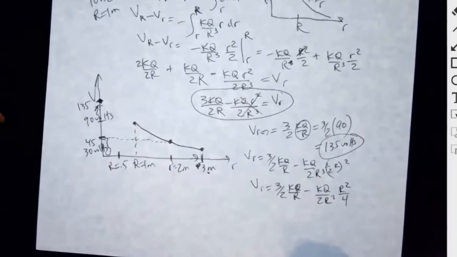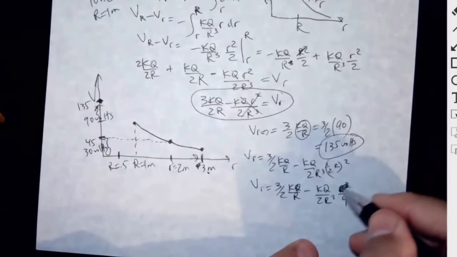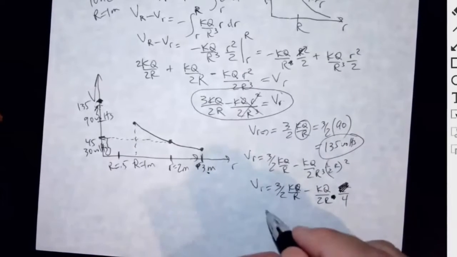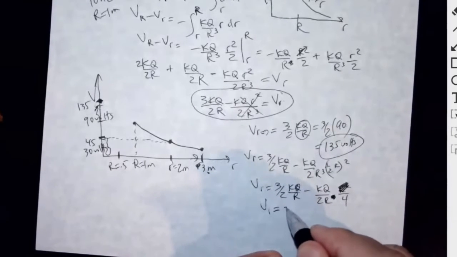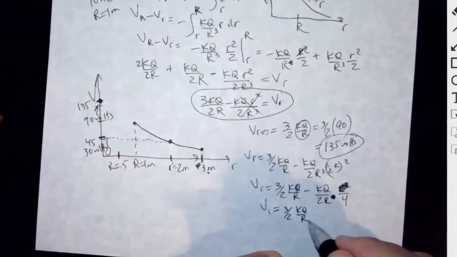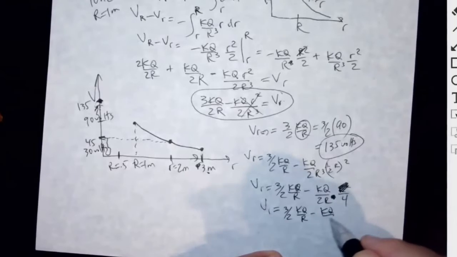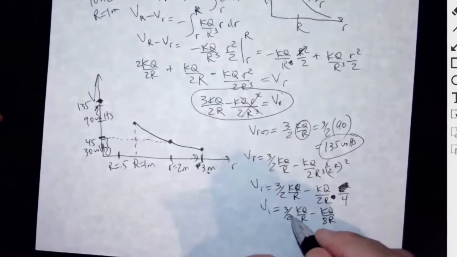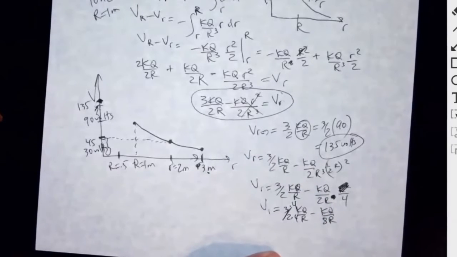Okay, so then the R squared cancels this guy. Then you have 3/2 kq over R minus kq over 8R. So you get a common denominator, which is 8.